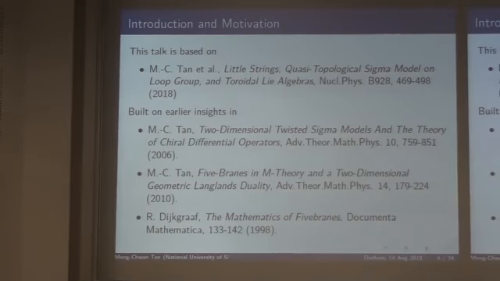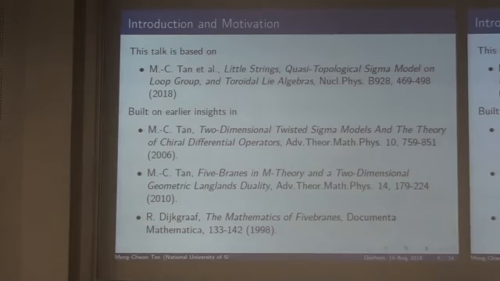Okay, so it's based on earlier insights in this work that I did. This is where this half-twisted model and its relationship to Čech cohomology of the sheaf of chiral differential operators first appeared. So you can think of this as something that's in between the physical string and the topological string. Okay, so the topological string just has ground states.